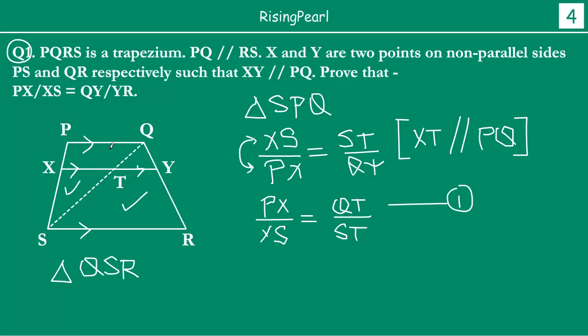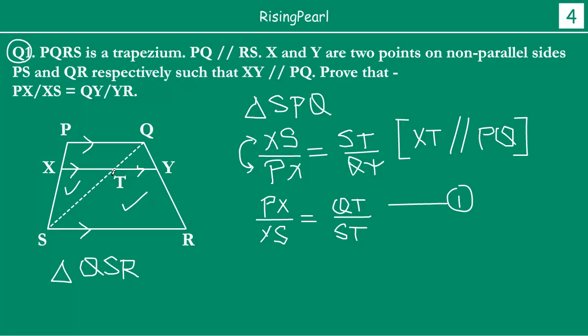Again, recall friends that if XY is parallel to PQ, and PQ is parallel to RS, then all 3 lines are parallel to one another. So here we have TY parallel to RS. So that means this line must divide SQ and QR in equal ratio.